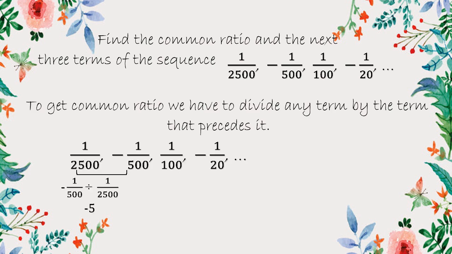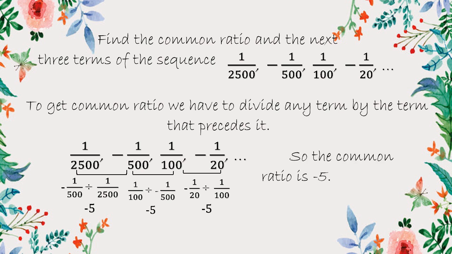So negative 1 over 500 divided by 1 over 2,500 is negative 5. 1 over 100 divided by negative 1 over 500 is negative 5. Negative 1 over 20 divided by 1 over 100 is equal to negative 5. So the common ratio is negative 5. So r is equal to negative 5.